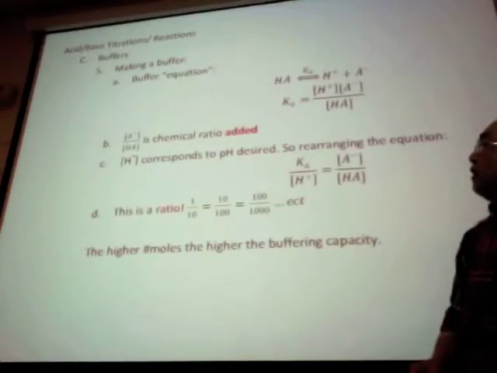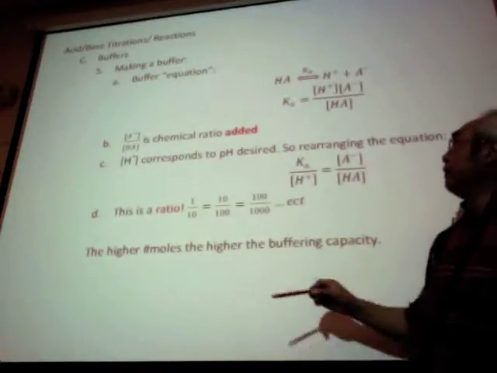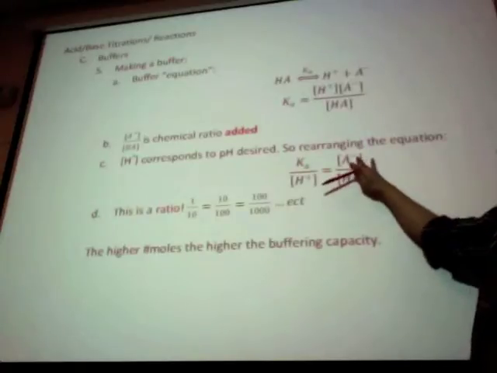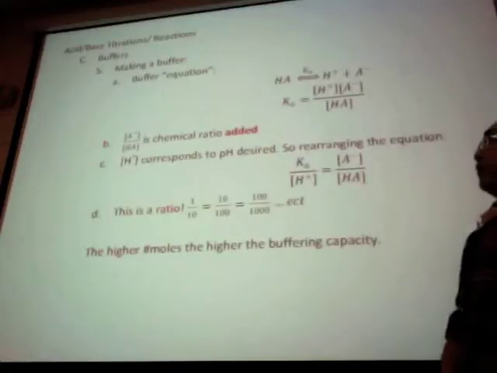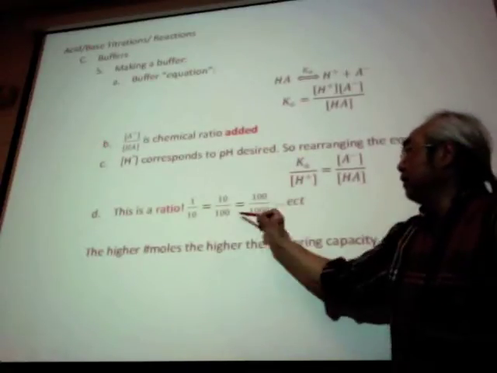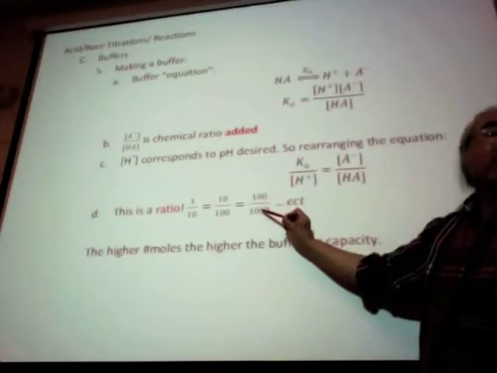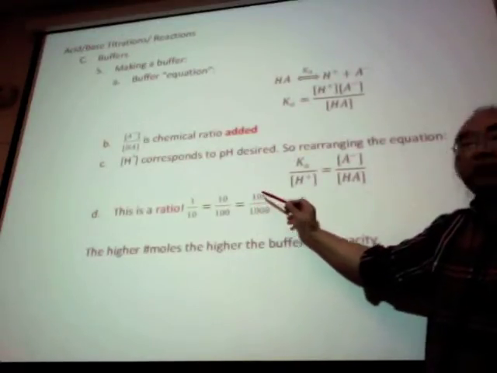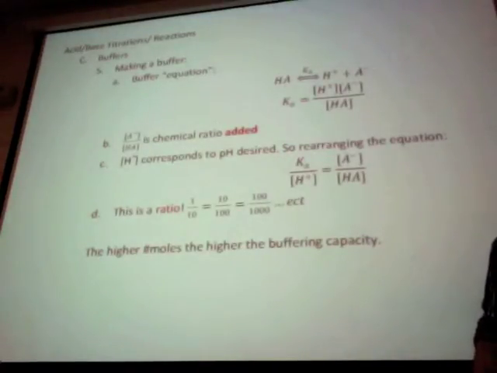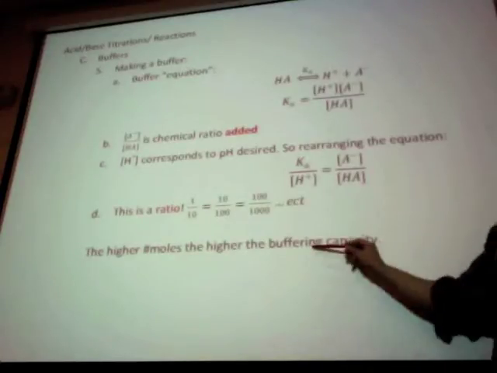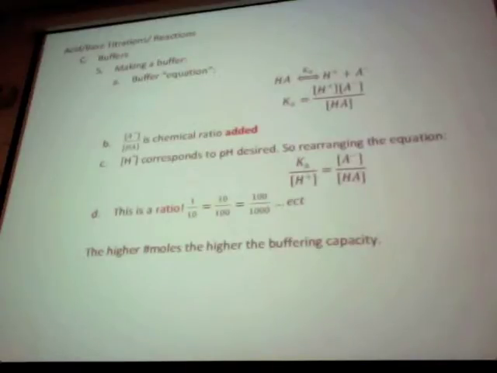So once you calculate the ratio, you have a decision to make: how much of the chemicals you need to put in order to achieve that goal. Keep in mind that this represents different absolute numbers of moles. Of course, when you have more moles, you have a greater buffering capacity. Otherwise, the ratio just indicates ratio. Any question at that point?